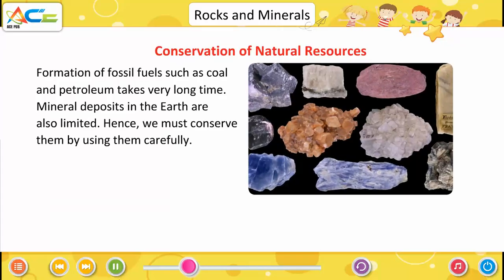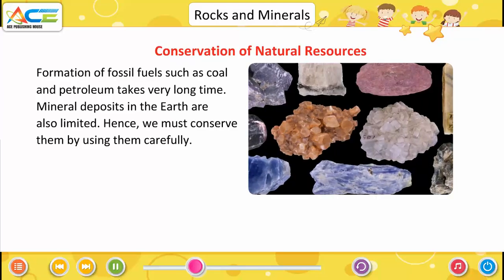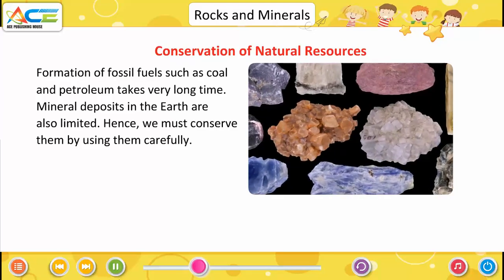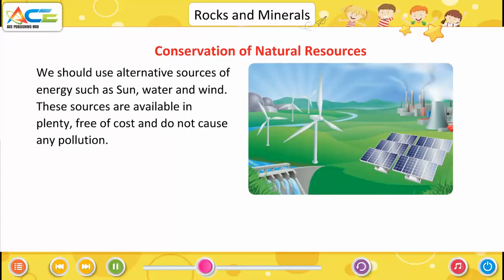Mineral deposits in the earth are also limited. Hence, we must conserve them by using them carefully. We should use alternative sources of energy such as sun, water and wind. These sources are available in plenty, free of cost and do not cause any pollution.